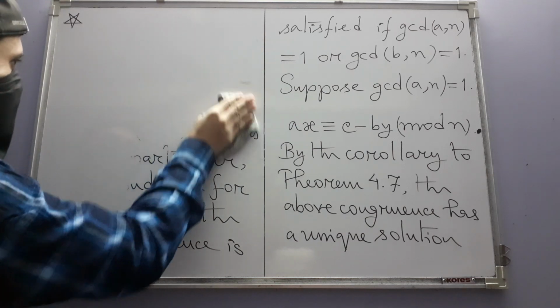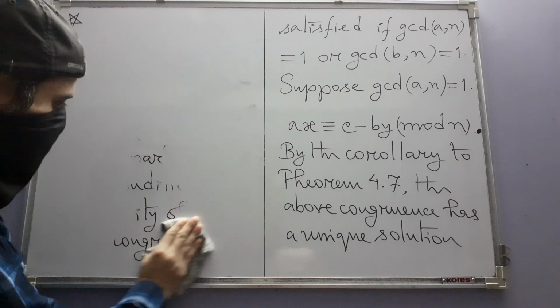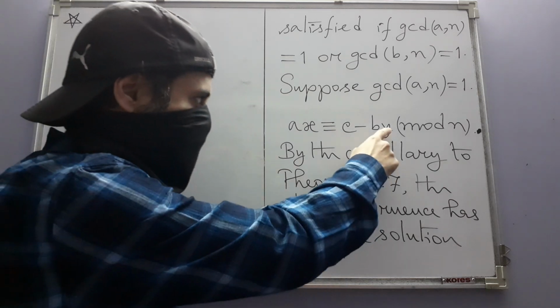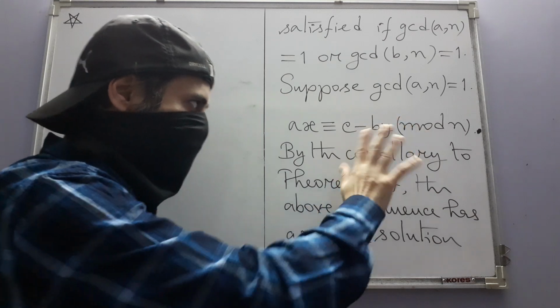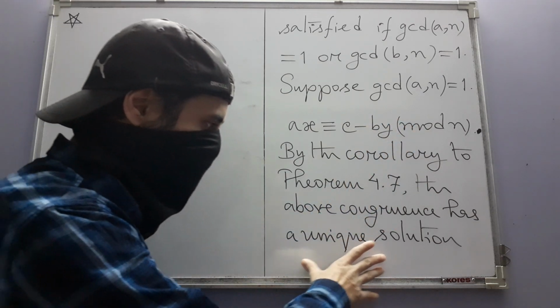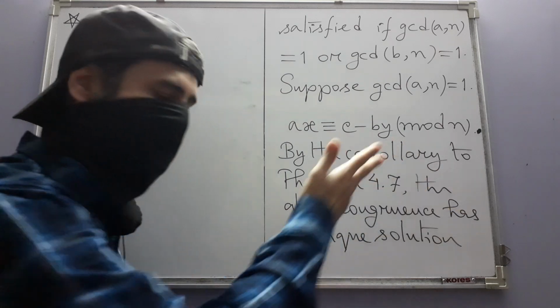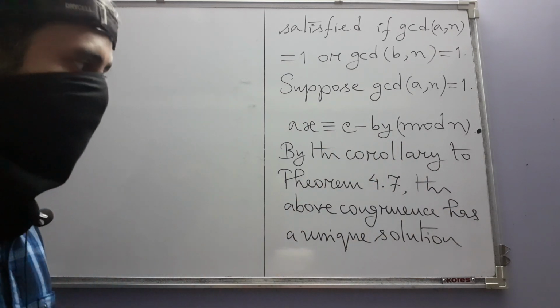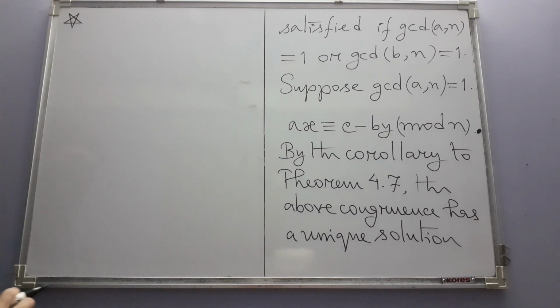But there is something else also that needs to be clarified here. What about this y? This y is not an integer. I mean, it is to be treated as an unknown. So we cannot just simply say a unique solution and leave it like that. No, that won't make any sense. We have to continue like this.